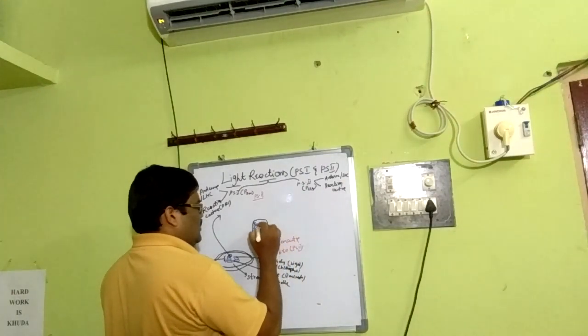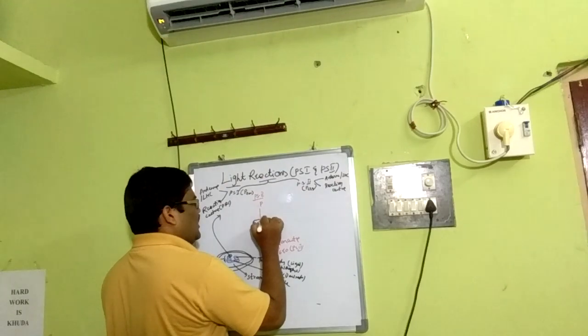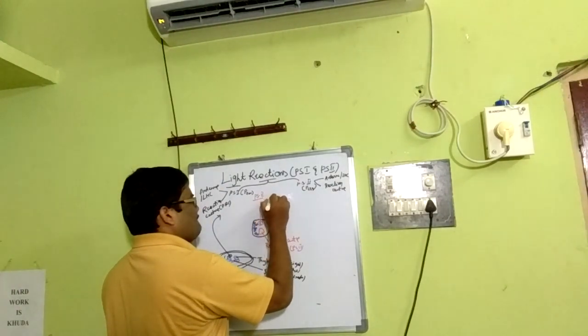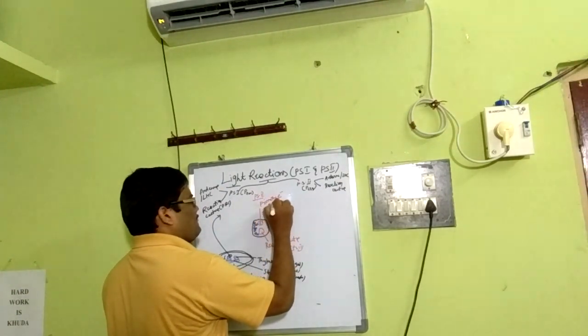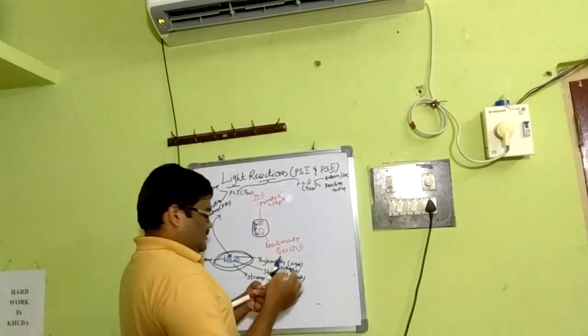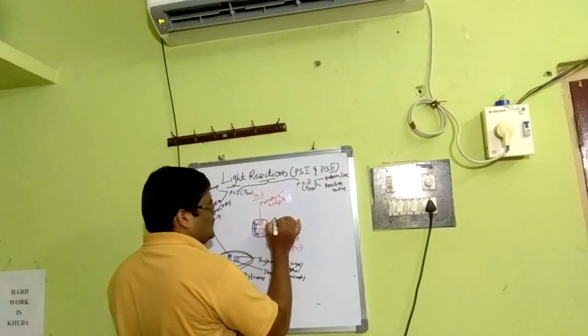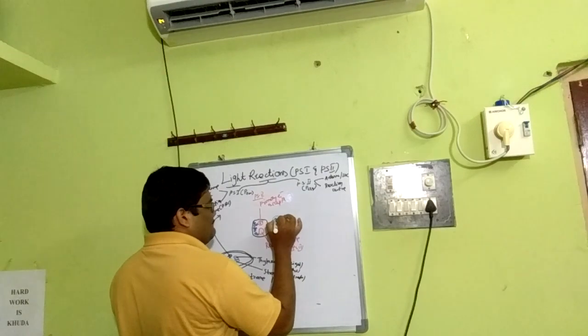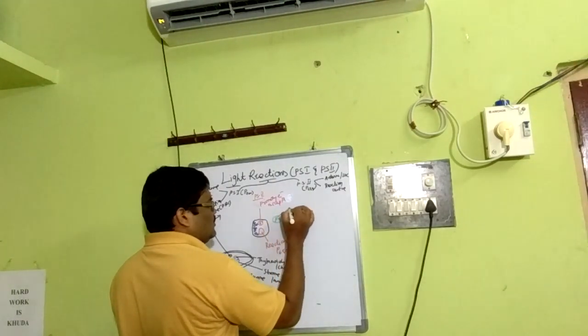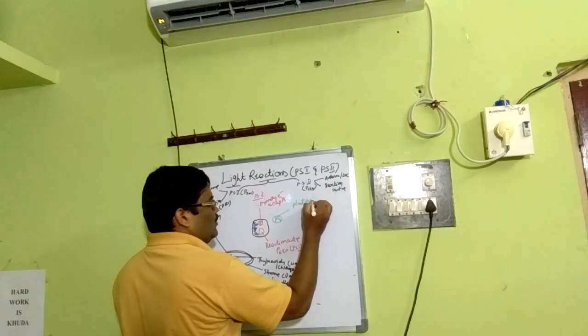Then there is a primary electron acceptor. Then it has a series of electron transport chain components. The electron acceptor, what we call now, plastoquinone.